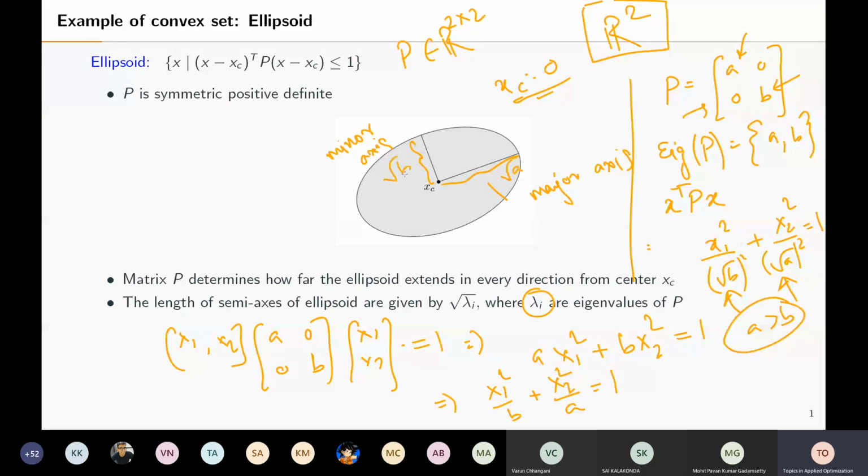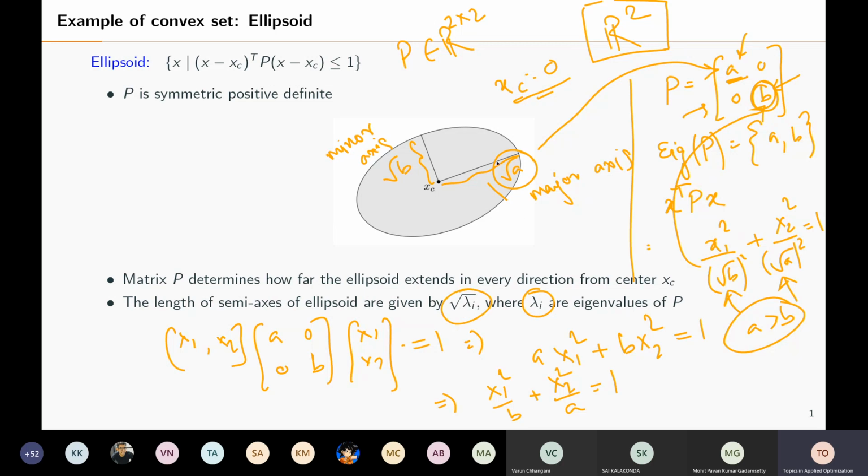And if we recall, square root of A is nothing but the square root of the eigenvalue. So A was actually an eigenvalue of the matrix, and B was also an eigenvalue of the matrix. So that's what it's saying: it's the square root of the eigenvalue.